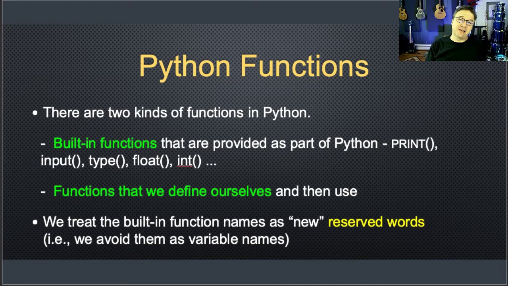So the idea here is that a function is a hunk of code that's modular and reusable. And a lot of times we don't know how it works. For instance, the print function, when you guys say print, here's my user-friendly output, you don't know why or how that works. You just know that it works, and that's okay when you're working with functions.